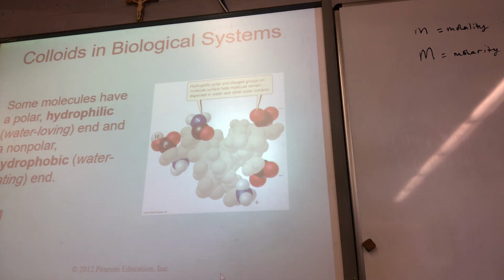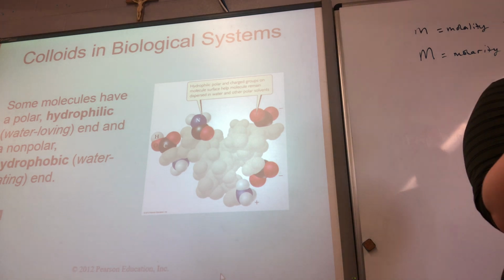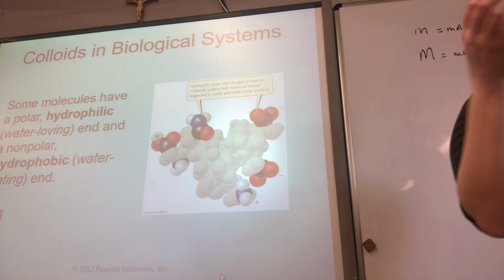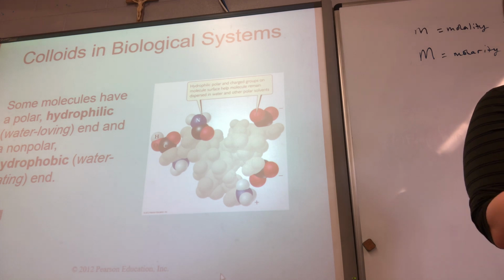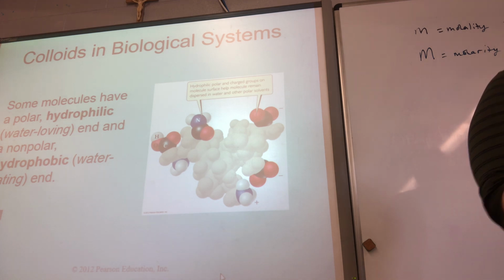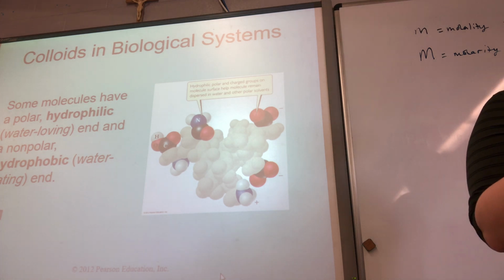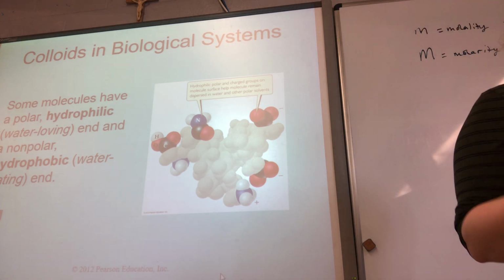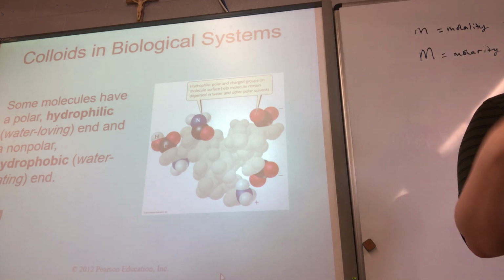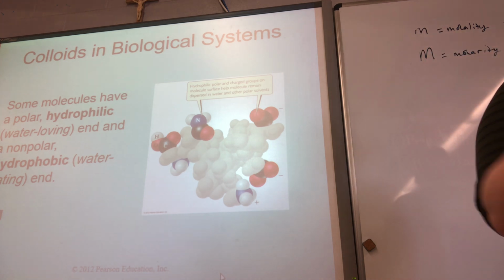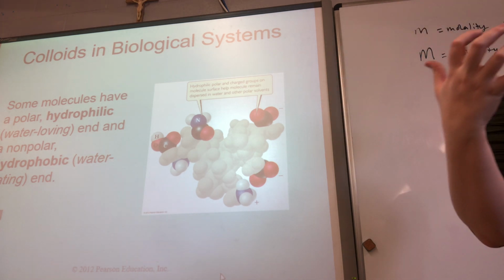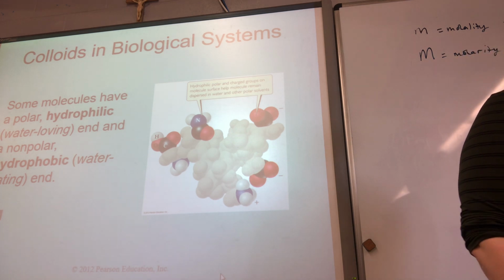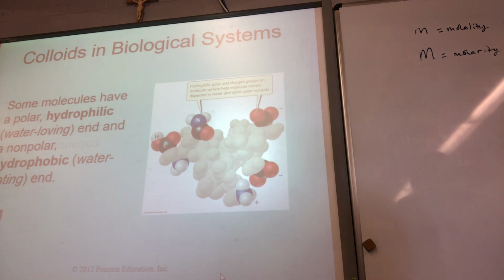Your proteins have hydrophobic and hydrophilic parts. It's why they interact the very specific ways they do in your body. Fat particles have a hydrophobic and hydrophilic part. The membranes that make up your cells have a hydrophobic and hydrophilic part. It all makes sense because you want water inside, you want water outside, but you do want a barrier between the two. Okay? Hydrophilic, hydrophobic. I think that's it.